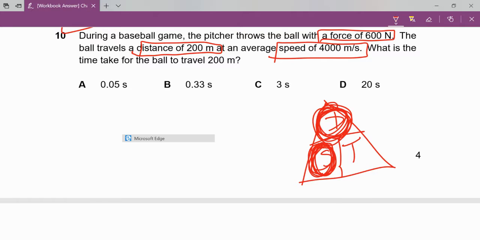Distance divided by speed to give me time. So distance divided by speed.